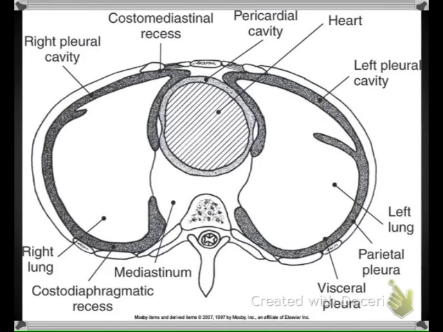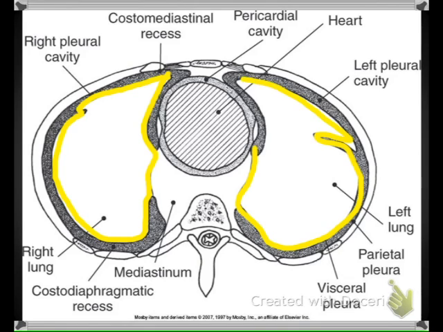So this image seeks to kind of put everything into perspective. And so we have lung here as being traced by this yellow. Okay, and so pretty much the outer layer of the lungs is the visceral pleura. So keep that in mind and know this, the visceral pleura.